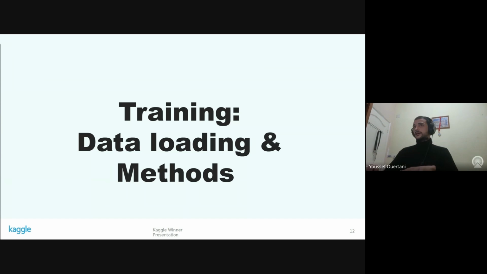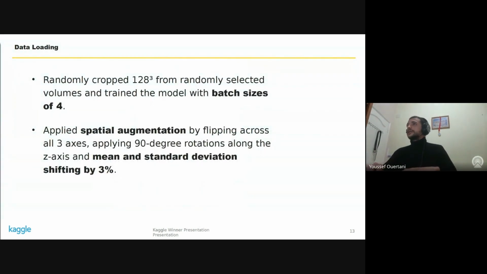For training, starting with the data loading, my patch size was 128 cubed. While loading data, I fed patches by selecting random volumes.